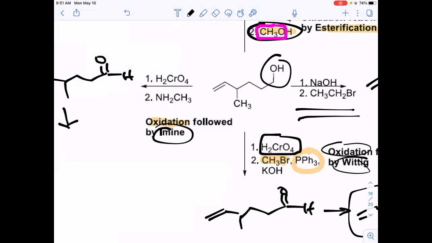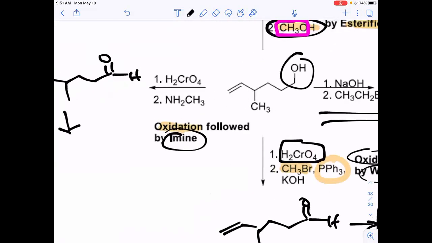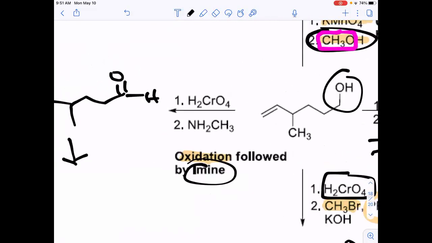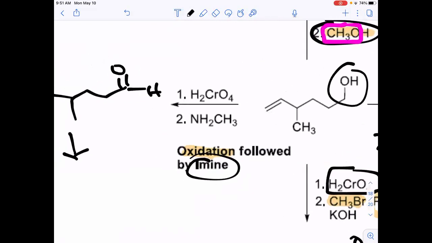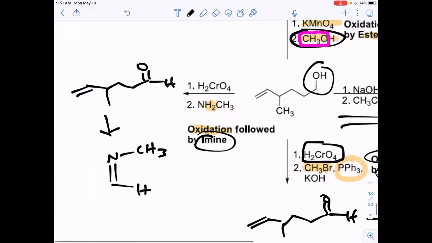Will the NH2CH3 replace the O? Yes, you will. That will replace the oxygen with nitrogen, but you're also going to lose water, and both protons are going to come from here, right? So it's going to be N-CH3 like that, and then everything else stays the same.